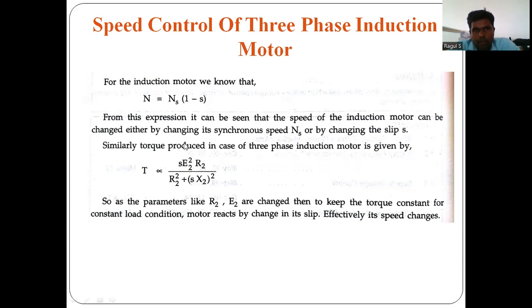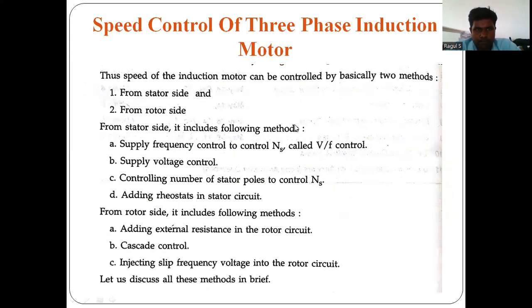The torque is inversely proportional to reactance and resistance. Even if these reactance and resistance change, the torque has to be maintained constant for a constant load condition. The motor reacts by changing its slip. Effectively, its speed changes. So mainly we are focusing on slip.